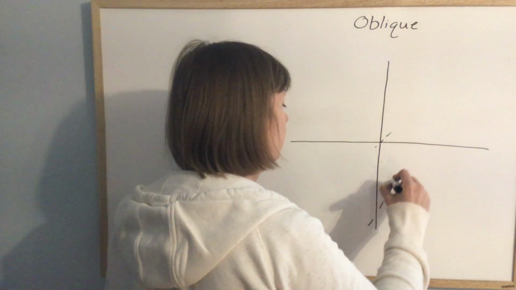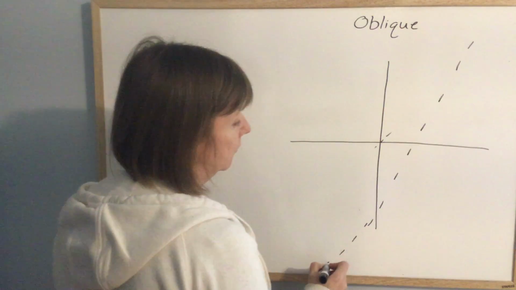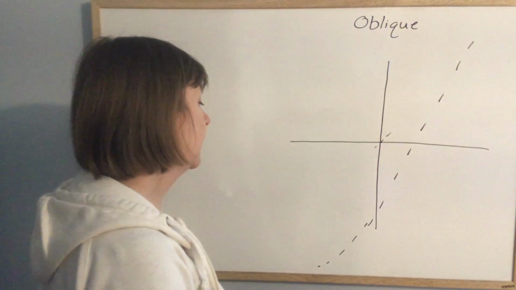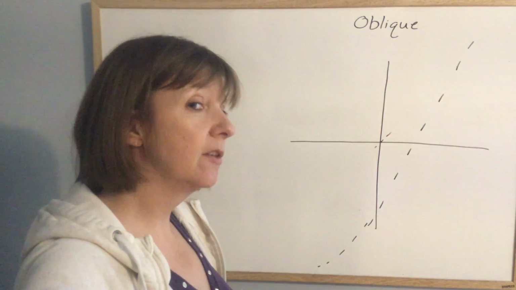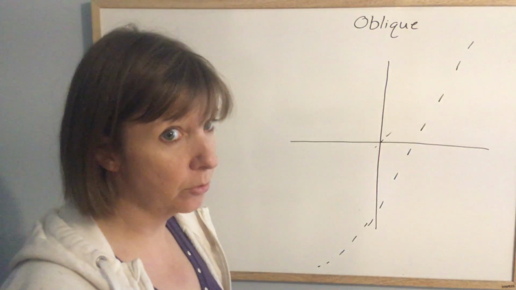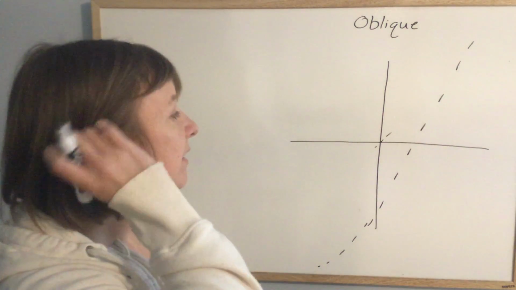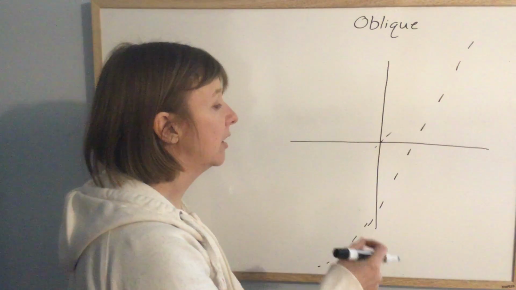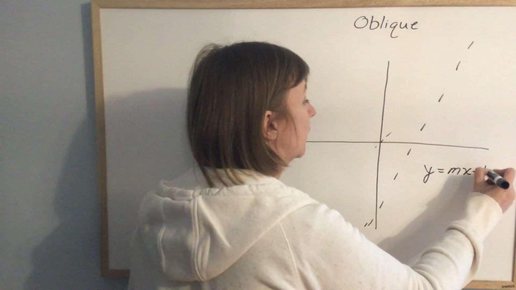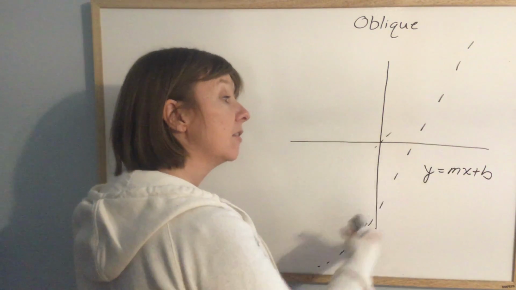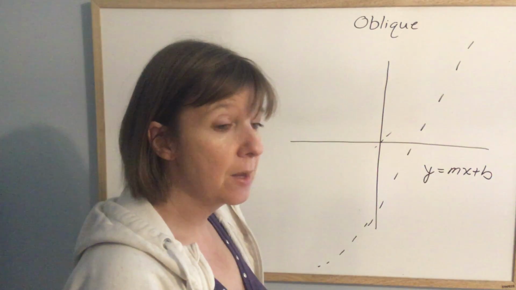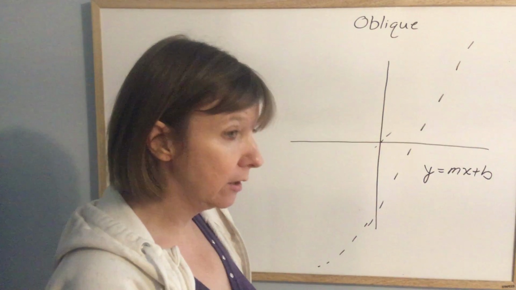Maybe it'll go like this. Okay? Because it is a diagonal line, it's not just going to be x is equal to 3 or y is equal to negative 2 like we just did. It's actually going to have an equation in the form of y is equal to mx plus b, so that it has a slope and it has where the y-intercept is. So it's actually going to be an equation.